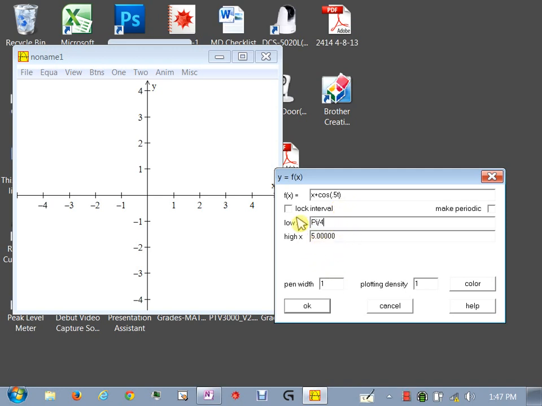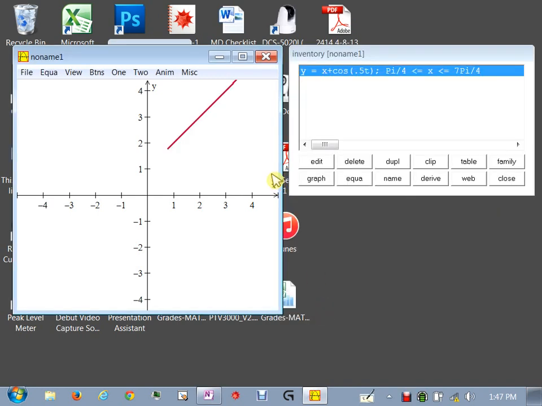Pi over 4 to 7 pi over 4. What should I have here when I do this? I mean, the left point will either be the lowest or highest, right? The right point will be the lowest or highest. And in between, I should have no humps, no cusps, nothing. Let's see.